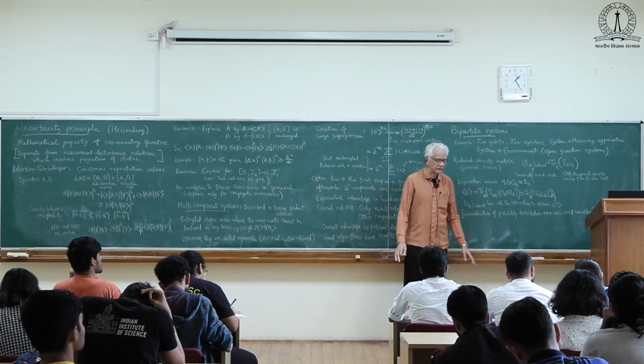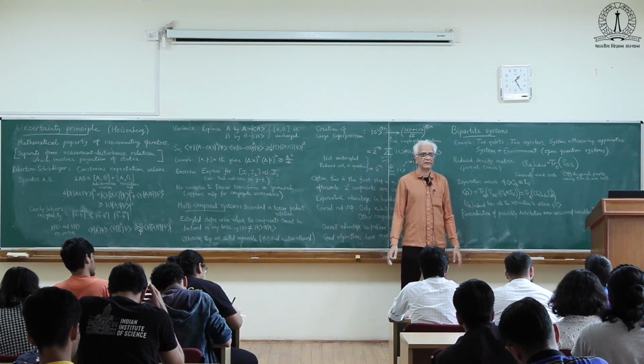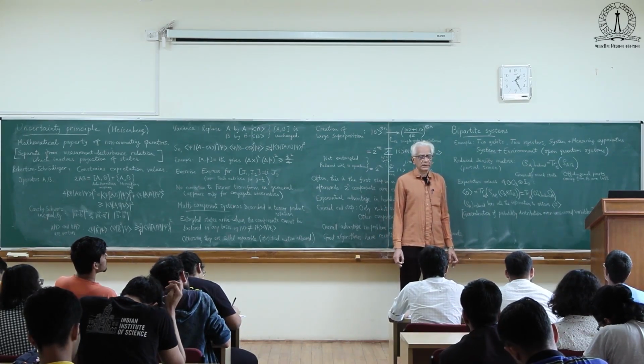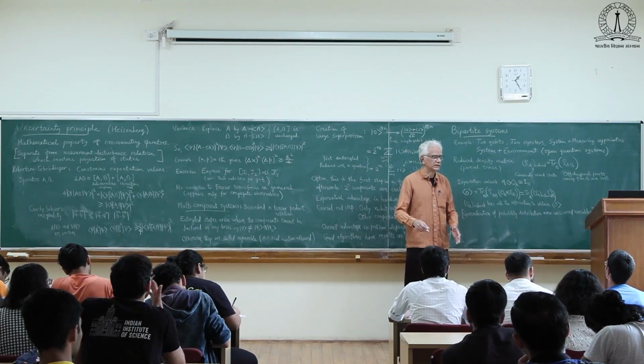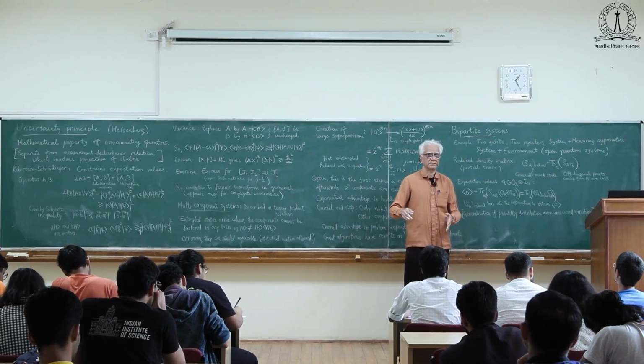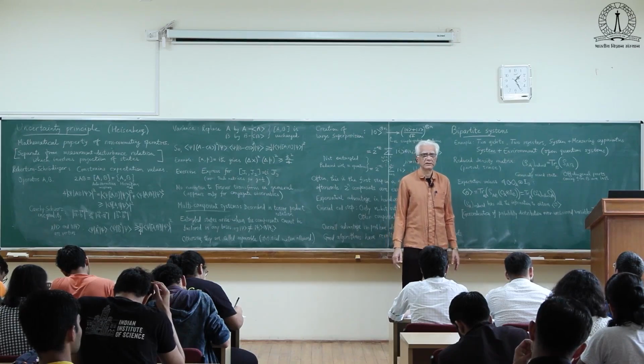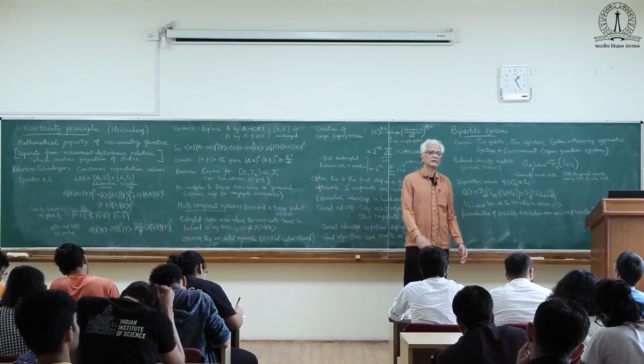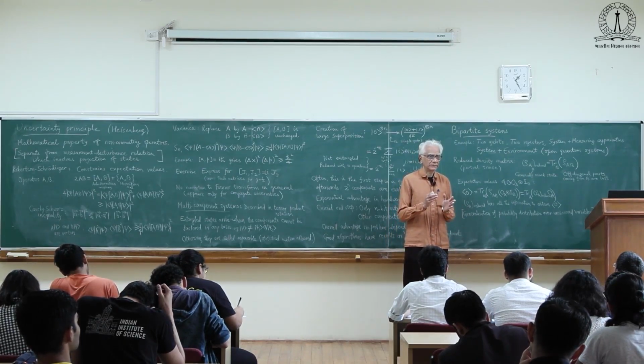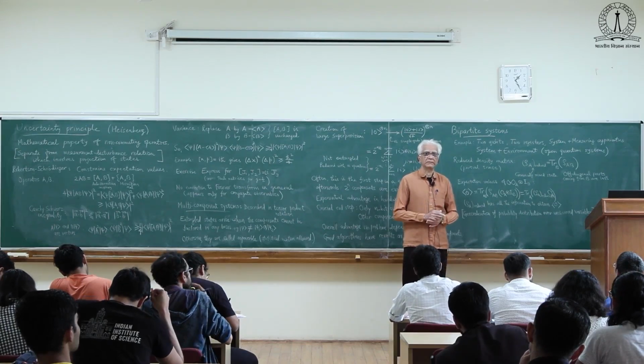Suppose there is some distribution, many variables are involved, and I can say that the distribution depends on some x1, x2, x3 up to xn. And then what is the probability of x1 having some value?